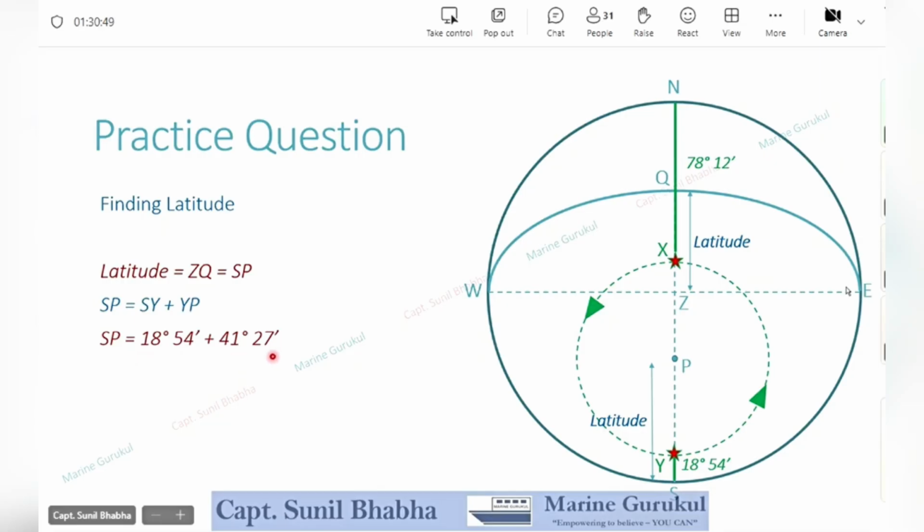So when you add these two, SY plus PY gives you the elevation of the pole, equal to the latitude of the observer, and it comes to 60 degrees 21 minutes south. So both the required items have been obtained. The declination of the star is found and the latitude of the observer is also obtained.